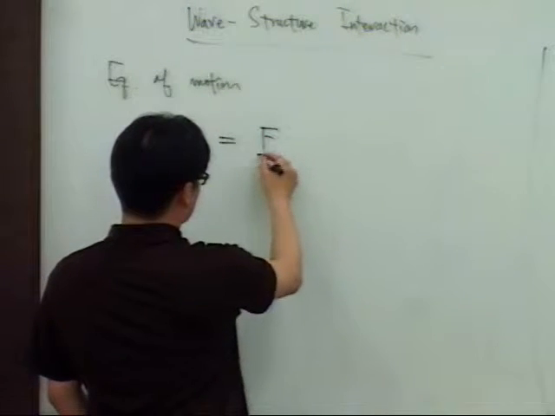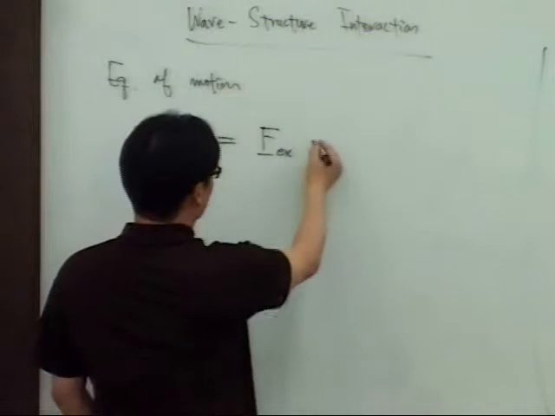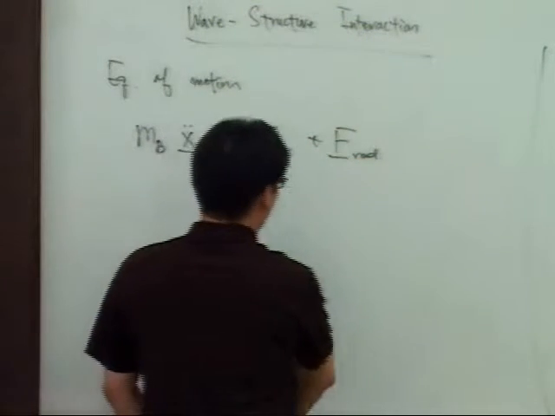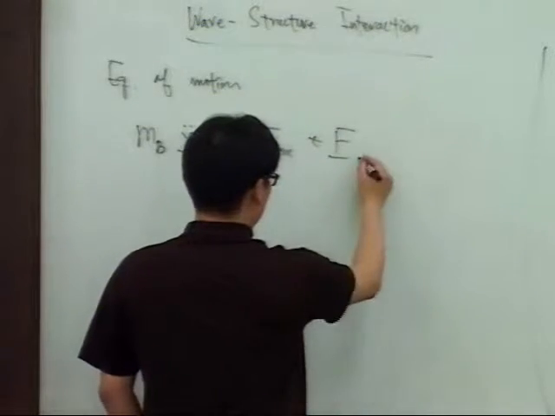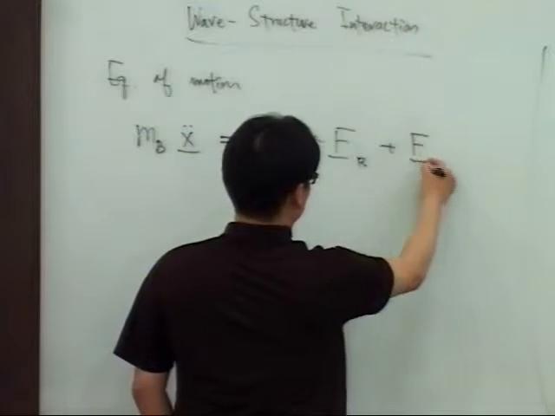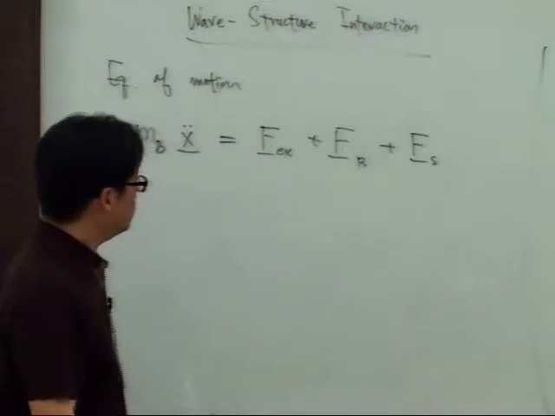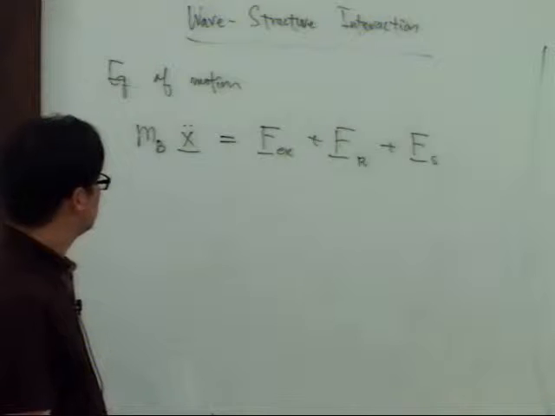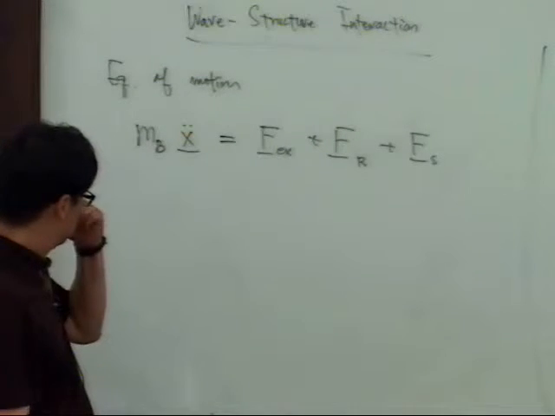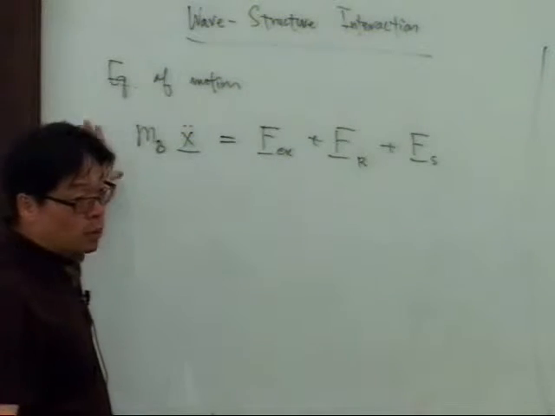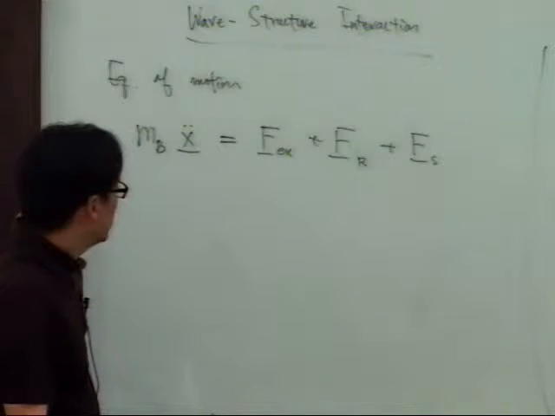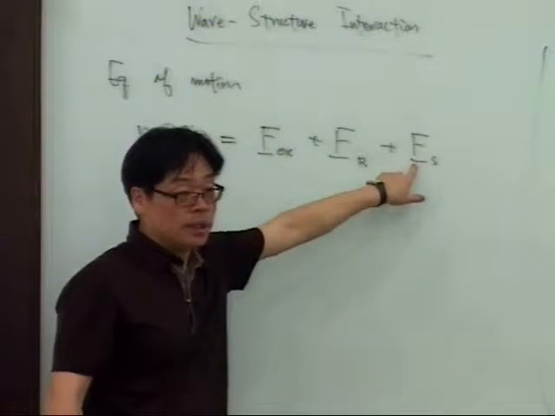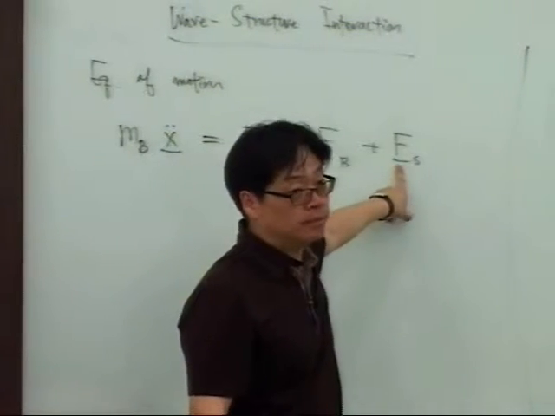So the first part is the excitation force, and the second part is radiation. I call it R, the radiation force, and then we have a static force as well. Okay. So that's what we have to solve later, and we'll find out what this and what this are from now on.